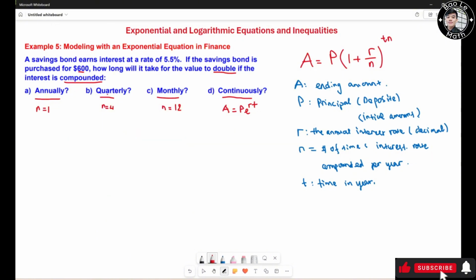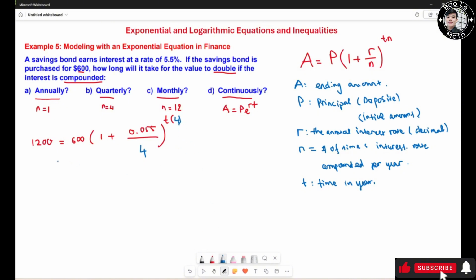Now question B, quarterly, which means n equals 4, because we have 4 quarters per year. So we have 1200 equals 600 times 1 plus 0.055 divided by 4, altogether raised to the t times 4.